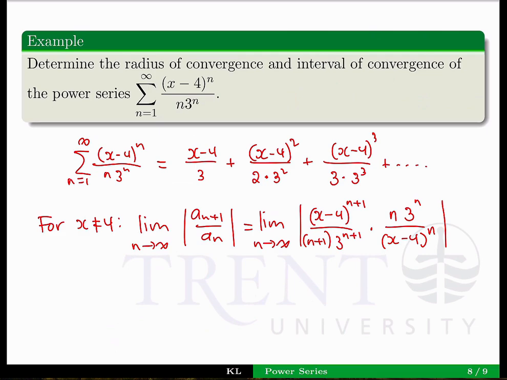If we simplify this, we will have the limit as n approaches infinity of the absolute value of x minus 4, so this will cancel the n here. This 3 to the n will cancel the 3 to the n here, so we will still have over 3.